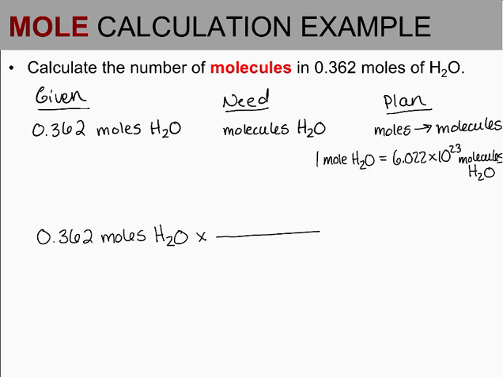So in this case, we want to end up with molecules of H2O, so that means we're going to put Avogadro's number in the numerator. It's a very large number, so I need to expand my conversion line there. Now in the denominator, we're going to put 1 mole of H2O so that it cancels with our given unit.